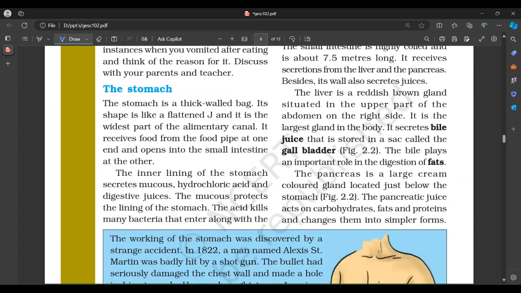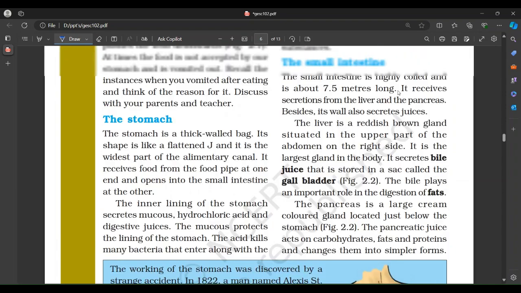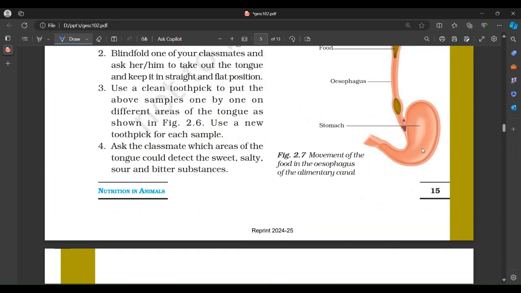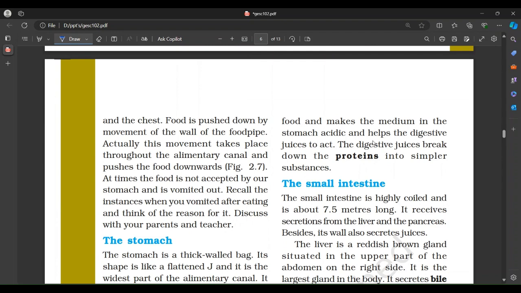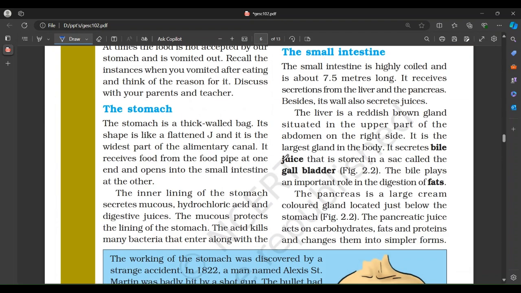Now let's understand about the stomach. The stomach is a thick walled bag. You can see the picture. It is a bag with a shape like a flattened J, and it is the widest part of the alimentary canal.